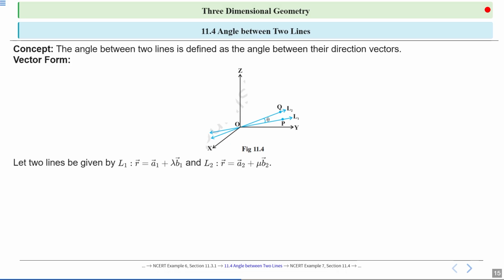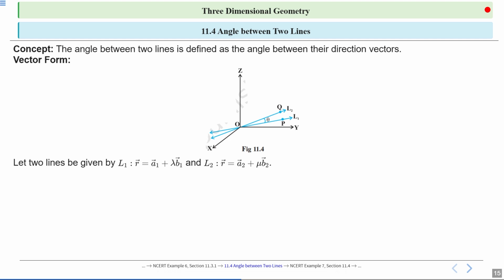Now let's look at the equations for the two lines. The first line is L1 and the equation is vector r equals vector a1 plus lambda times vector b1, and the second line is L2 such that vector r equals vector a2 plus mu times vector b2.